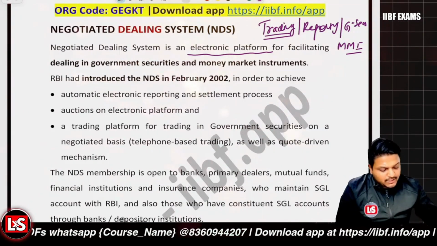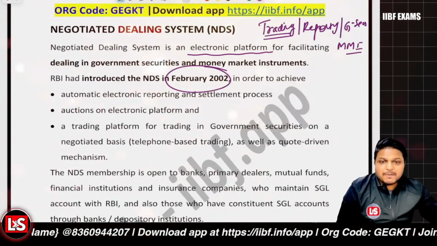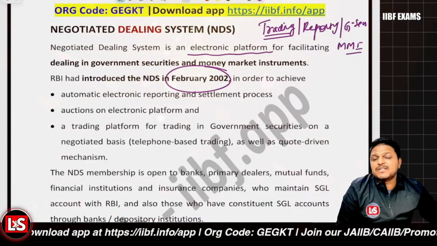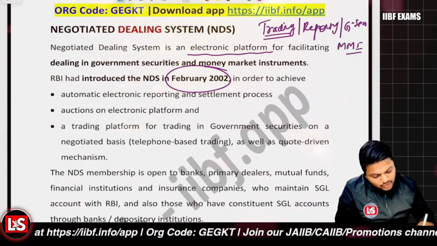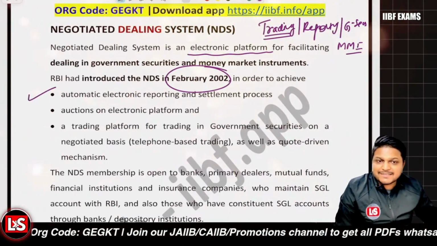Right? So it was introduced in the year 2002, and the main purpose was related to what? That we want to increase the efficiency, transparency, and automation. So it's an automatic electronic reporting and settlement system.